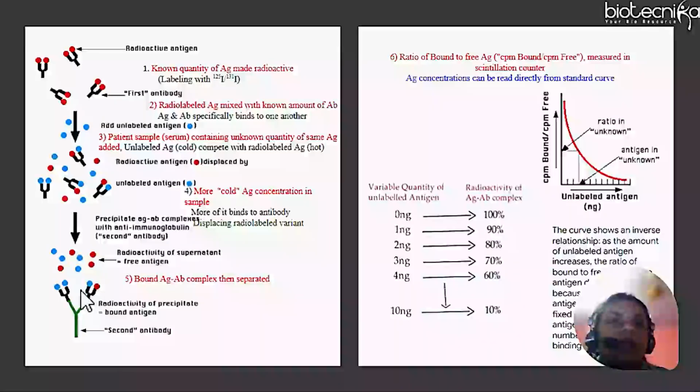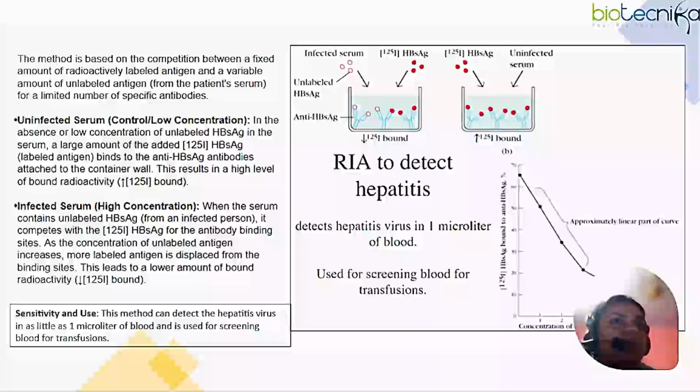Then we can infer that our sample contains more unlabeled antigen. If a person has more of that specific antigen, remember, the radioactivity is going to decrease. So this is an inverse relationship. This is the principle of your radioimmunoassay.